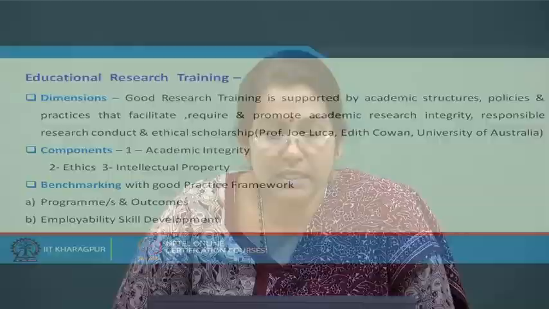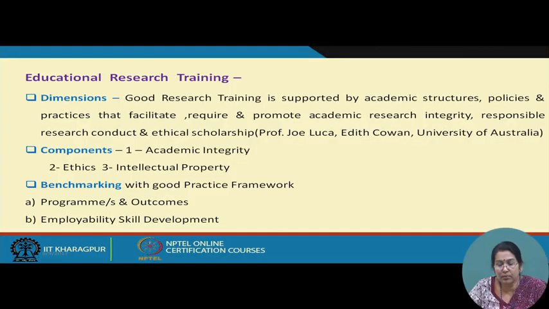When we are advocating good research training, it should be supported by the academic structure. What is the academic structure of that institution? Some institutions and organizations are very good at giving research training because they have a very good academic structure.